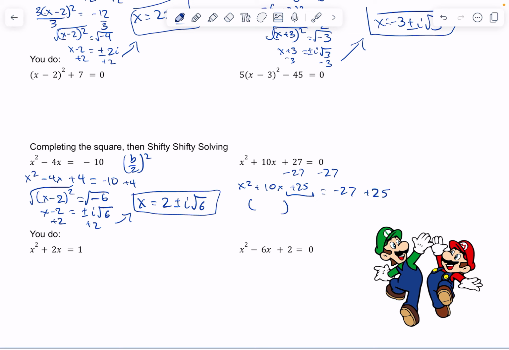That gives me x plus 5 squared equals negative 2. Square root everything. I have x plus 5 equals plus minus i square root 2, minus 5, and then I get x equals negative 5 plus or minus i square root 2.